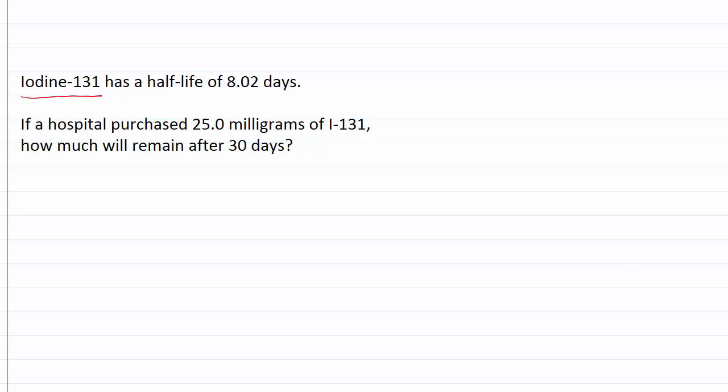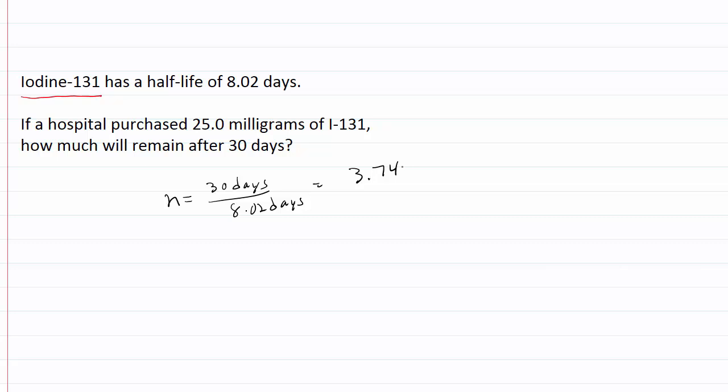Well, the first thing we want to do is figure out what N is. And N is the number of half-lives, which would be the total time, 30 days, divided by the half-life. And so N in this example is 3.74.